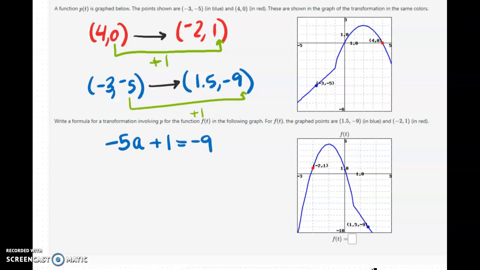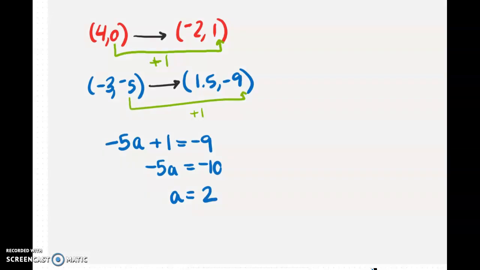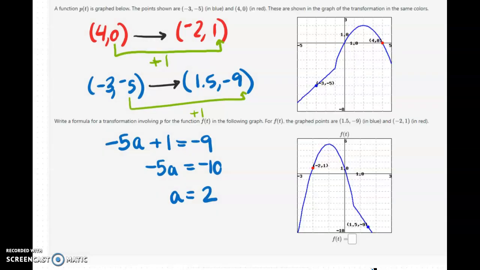So I'm going to say -5a + 1 = -9. Subtract 1 from both sides to get -10. Divide both sides by -5, and I get an a of 2. So I think what's happening here is we are multiplying by 2 and adding 1.